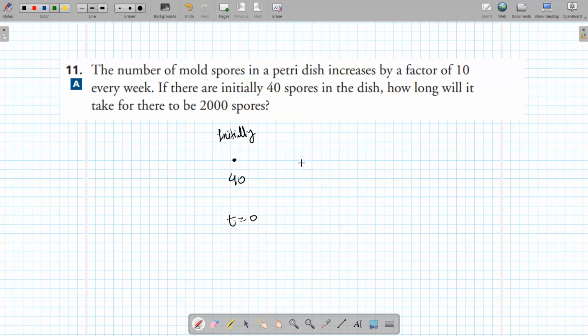And then after 1 week, how many are there? If it grows by a factor of 10, there's going to be 400, right? Grows by a factor of 10. How many are there going to be after 2 weeks?